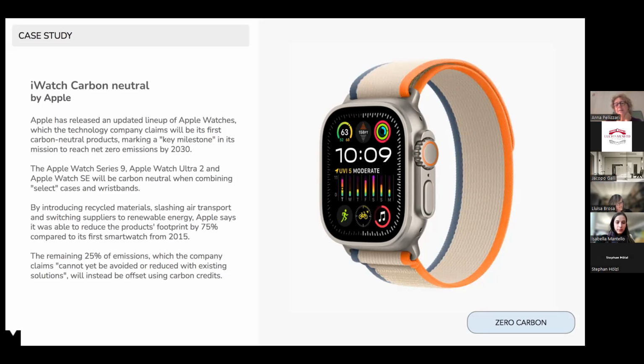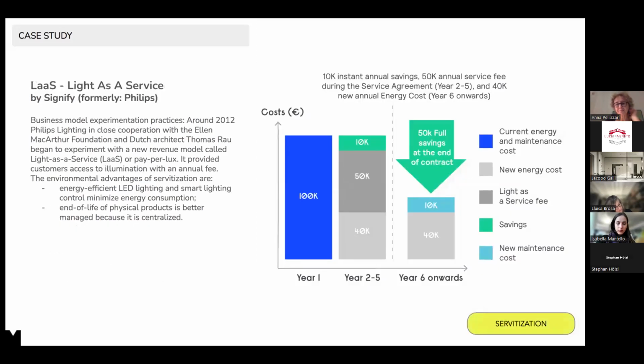What's interesting here is the idea of making this type of characteristic, being carbon neutral, something to communicate and something to say, a part of the commercial offer, working on every single element, and particularly in terms of materials, to reduce the carbon footprint of the object.